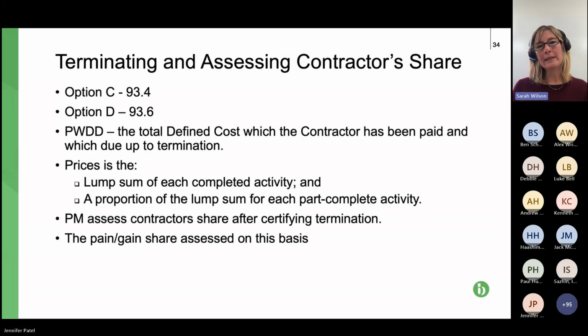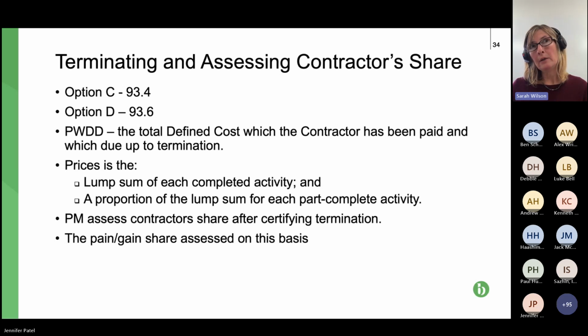Terminating and assessing the contractor's share. All I wanted to cover here was that if an option C or D is terminated, so it comes to an end before the contractor or subcontractor has completed its work, clause 90, which is the termination provisions, as you can see there, 93.4, 93.6, requires a reconciliation based on the figures at termination, so that the parties don't lose out on the assessment of the pay and gain share.